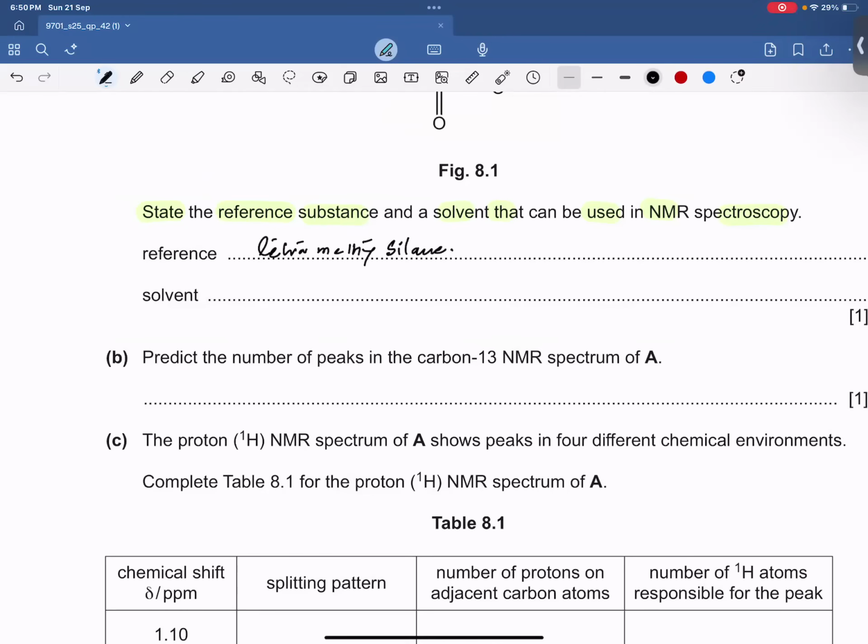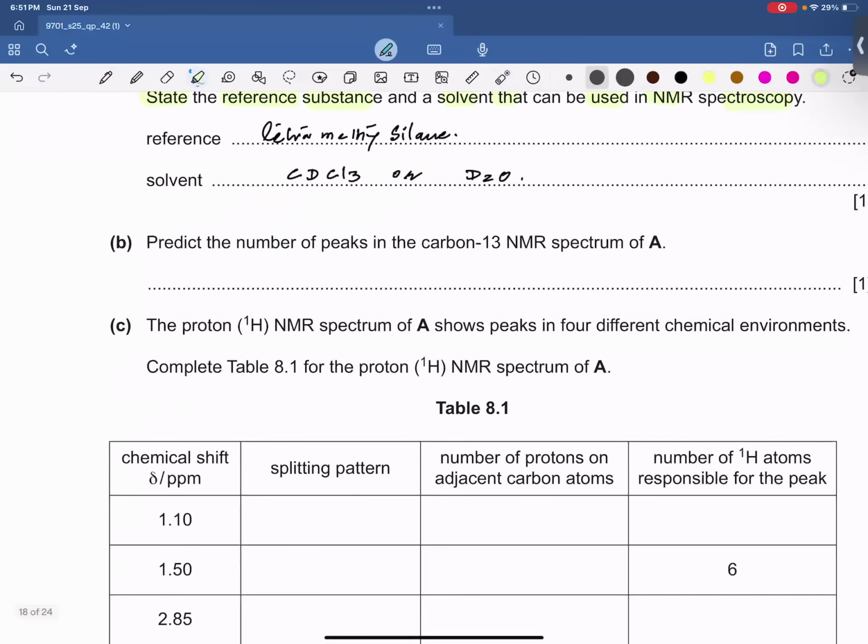Solvent needs to be either CDCl3 or D2O. All right, so either we can use CDCl3 or D2O because deuterium cannot absorb radio frequency radiations, which is why deuterium cannot interfere with the hydrogen of the sample.